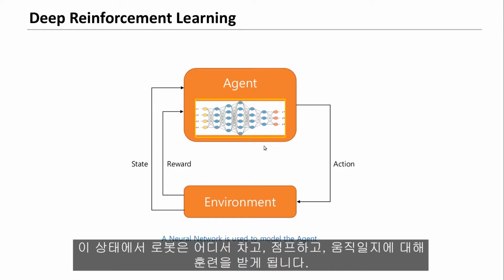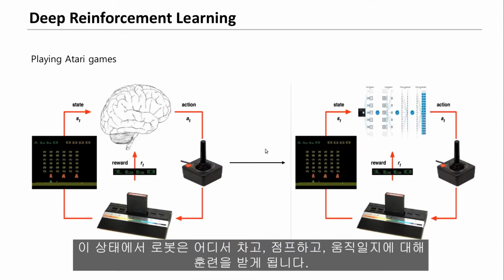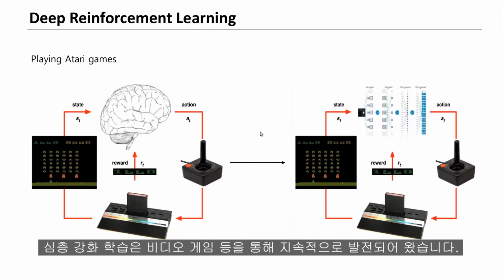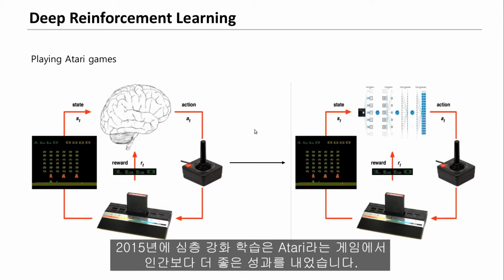In this case, the robot decides where it should move, if it should kick, or if it should jump. Deep reinforcement learning has been achieving breakthrough results, for example, playing video games. In 2015, for example, it achieved better than human performance playing Atari.